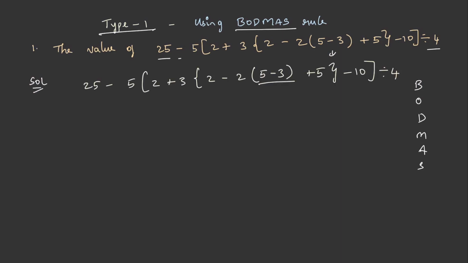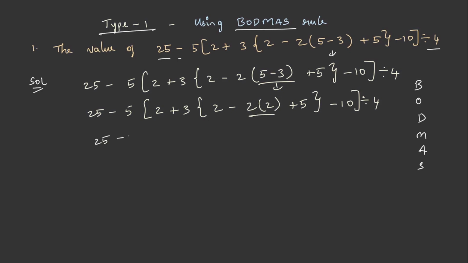Our first step is to solve this bracket, and this becomes 25 minus 5 into 2 plus 3 to 2 minus 2 into 2 plus 5 minus 10 divided by 4. Then we shall multiply these two.